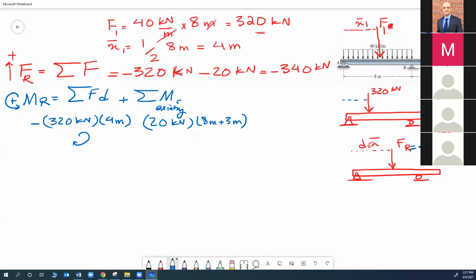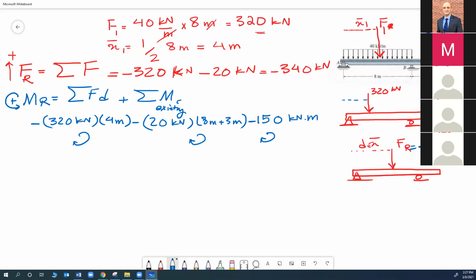That one is also rotating this way, so it's also negative. And then 150, which also shows its rotation is this way, so that one is also negative.